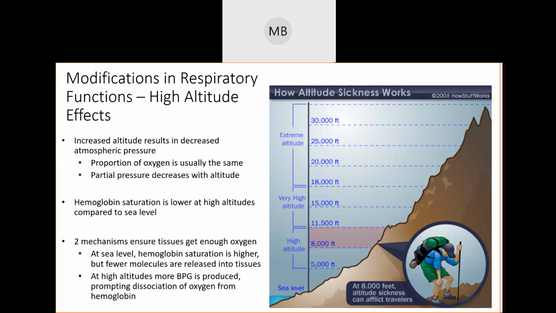So at increased altitudes or at higher altitudes, your body is going to produce more BPG. And the entire job of BPG is to increase how quickly oxygen can dissolve from hemoglobin, which therefore makes it transport and access cells faster and easier, right?